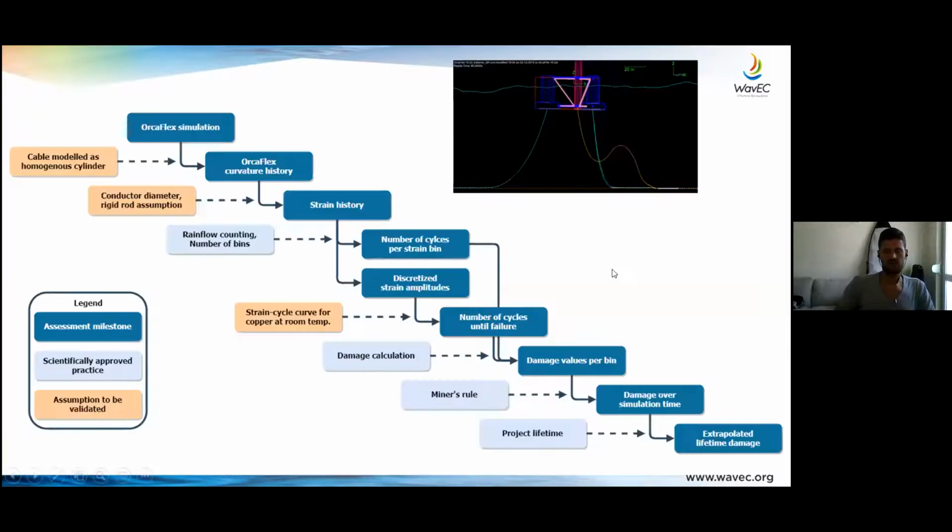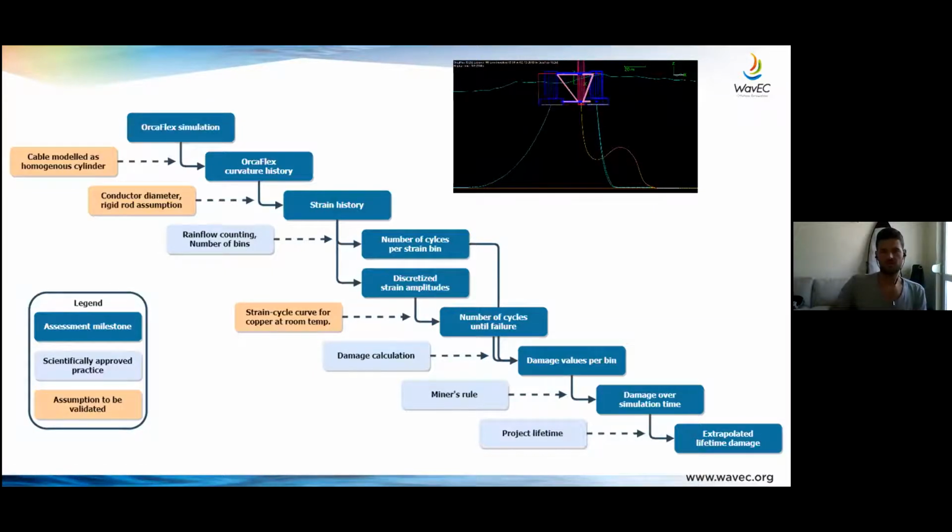And this is quite a complex process that involves many steps. It all starts with an OrcaFlex simulation, and then we extract the curvature history, then convert it into the strain inside the conductor cores, then with the material curve that you have seen before, we convert it into the damage values and then sum them up.